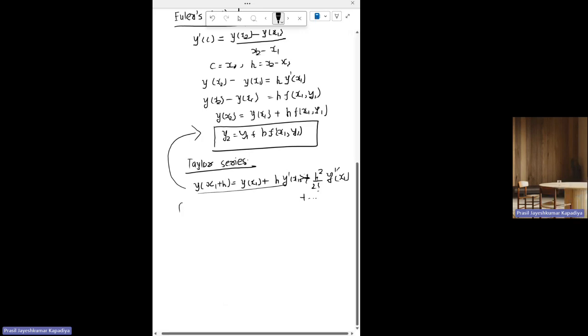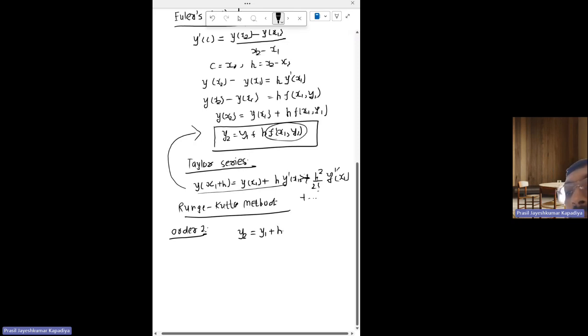Now another method is the RK method. RK methods are of two types, order 2 and order 4. In the order 2 method, we write the same way, y2 is equal to y1 plus h into s.